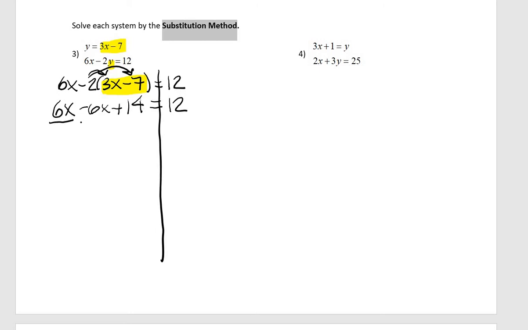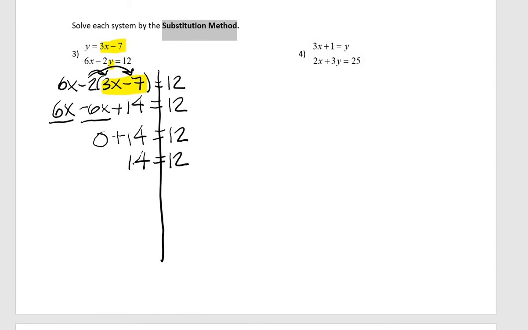So 6x minus 6x: they both have an x in them and they're on the same side of the equation. 6x minus 6x is 0, plus 14 equals 12. Actually in this problem, my x value went away completely, and I have 0 plus 14, which is 14, equals 12.